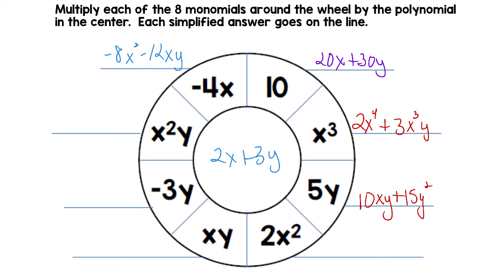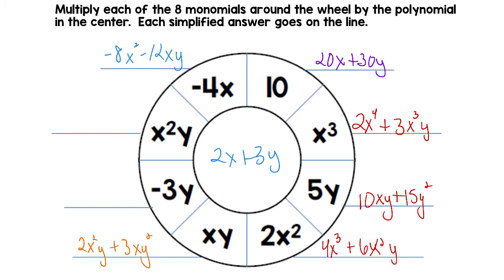2x squared times 2x is 4x cubed. I'm doing all red now, apparently. 2x squared times 3y is plus 6x squared y. Let's switch it up. xy times 2x is 2x squared y. xy times 3y is plus 3xy squared.